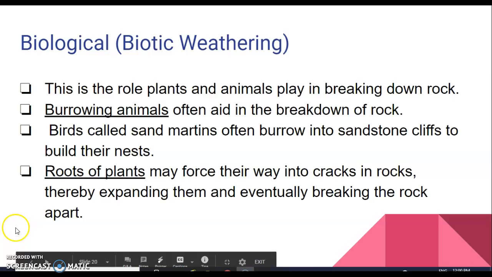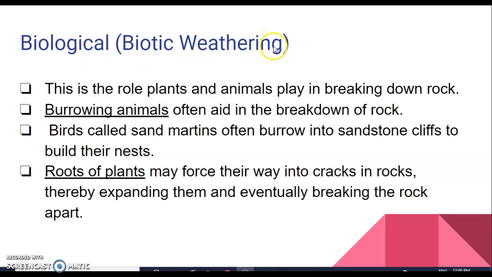Now let us look at the third and final type of weathering, which is biological weathering, also known as biotic weathering. As the name suggests, bio, we're talking about living things. How do plants and animals contribute to weathering? There are some animals that we would refer to as boring animals, such as rabbits and sand martins.